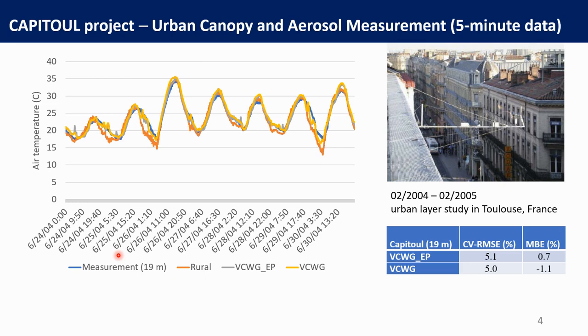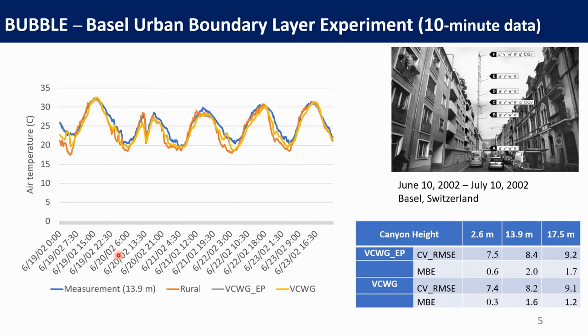And it's a proof of validation of the correctness of our implementation of the two-way coupling approach. So we saw the two-way coupling method and just using the VCWG are very close in terms of statistical comparison.